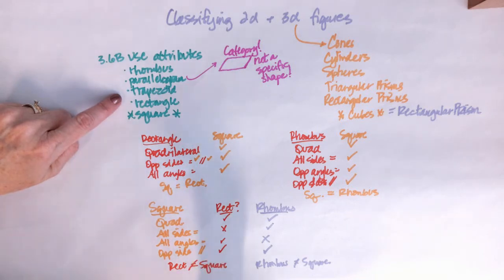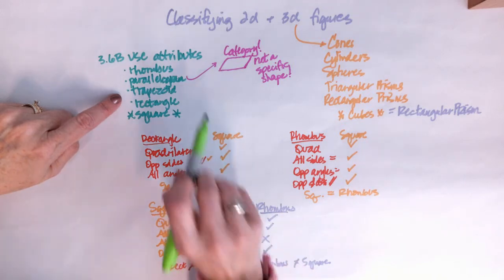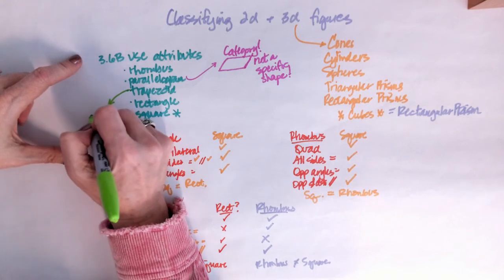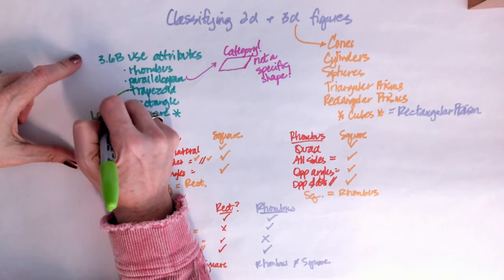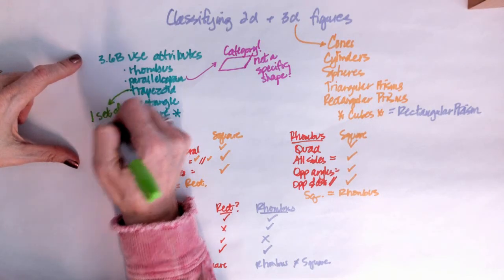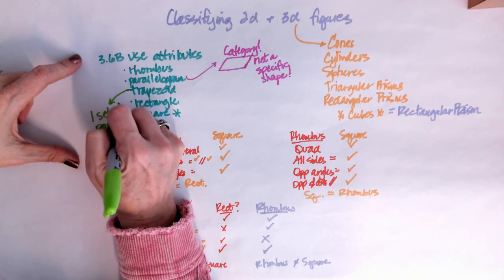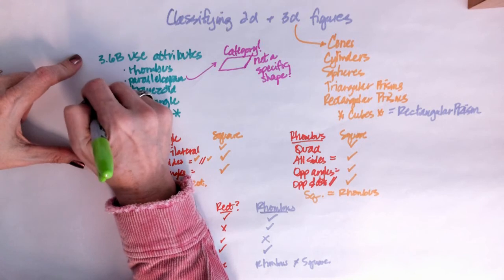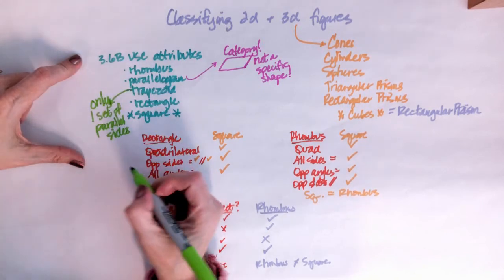That's not true for a trapezoid. That's what makes it a different shape. That's why it can't be classified as a parallelogram. A trapezoid has one set of parallel sides. And I want them to know it's only one set.